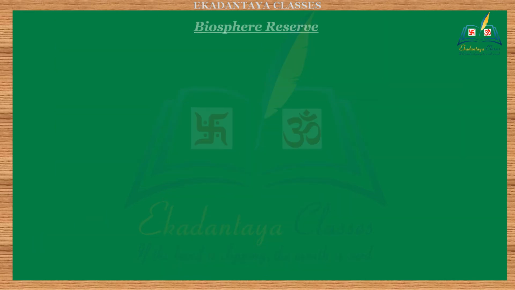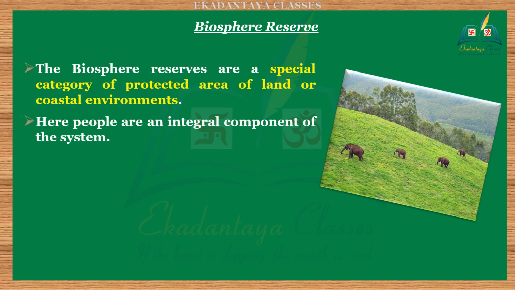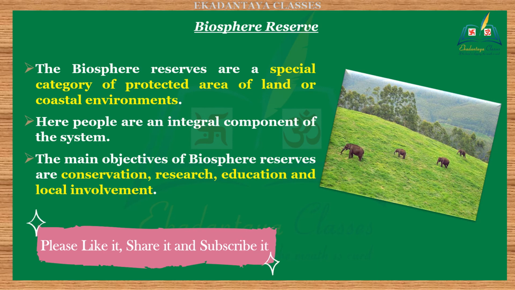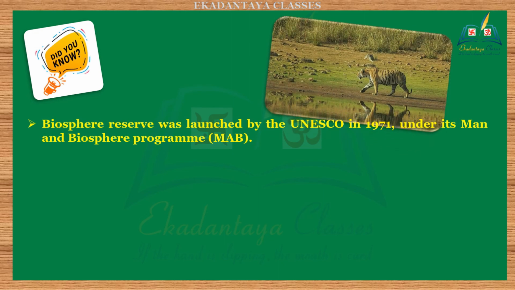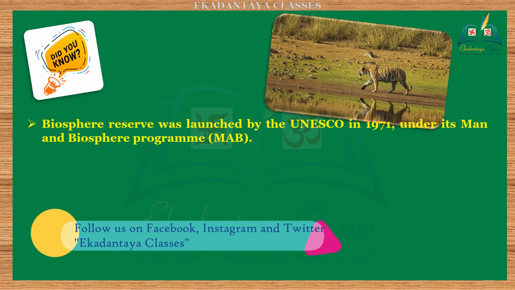Biosphere reserves are a special category of protected area of land or coastal environments. Here people are an integral component of the system. The main objectives of biosphere reserves are conservation, research, education and local involvement. Do you know? Biosphere Reserve was launched by the UNESCO in 1971, under its Man and Biosphere program, that is MAB.